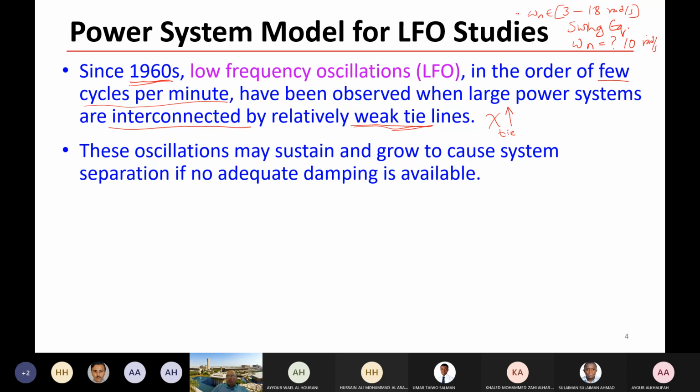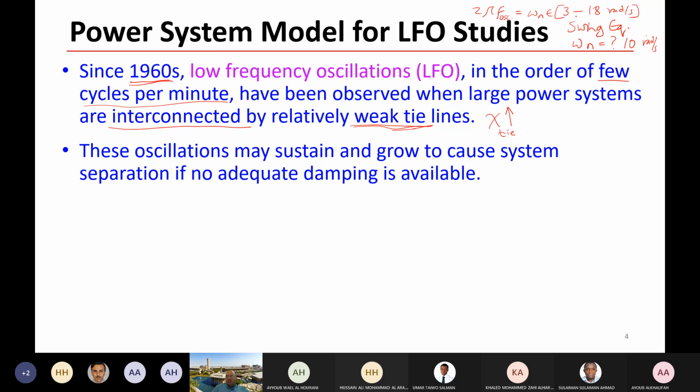So omega n equal to 2 pi f. This is the frequency of oscillation. So frequency of oscillation equal to 3 over 6 approximately, so 0.5 hertz. For omega n equal to 18, the natural frequency of oscillation, 18 over 6, so it becomes 3 hertz.